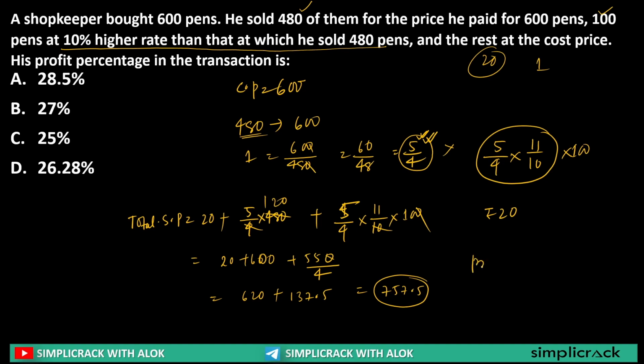Profit percentage is 757.5 minus 600 divided by 600 into 100.